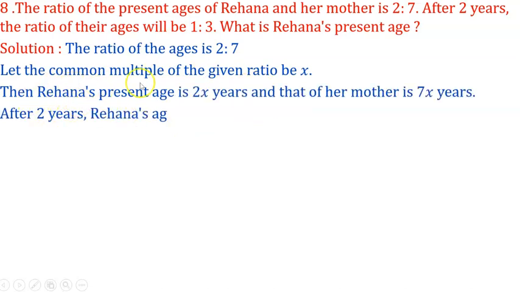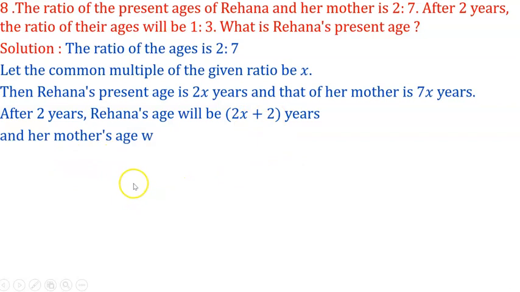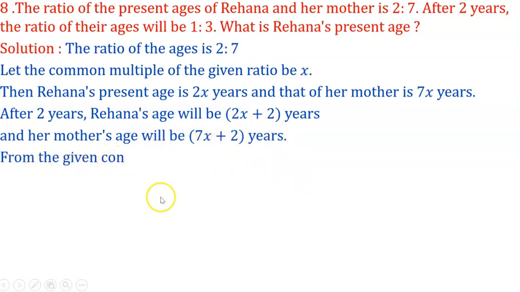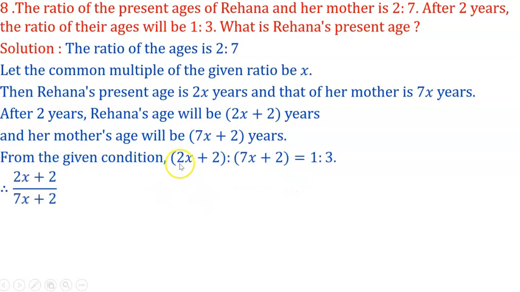Then Rehana's present age is 2x years and that of her mother is 7x years. After 2 years, Rehana's age will be 2x plus 2 years and her mother's age will be 7x plus 2 years. From the given condition, 2x plus 2 upon 7x plus 2 is equal to 1 upon 3.